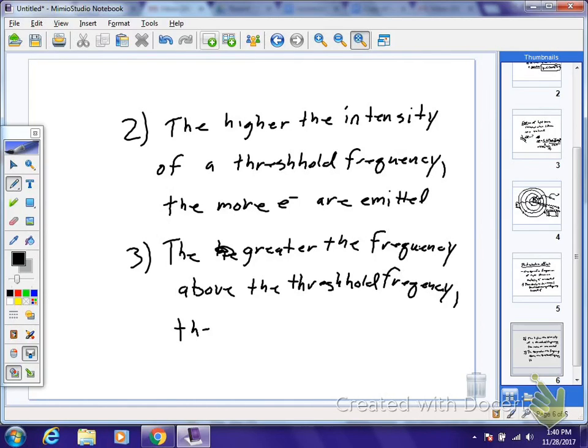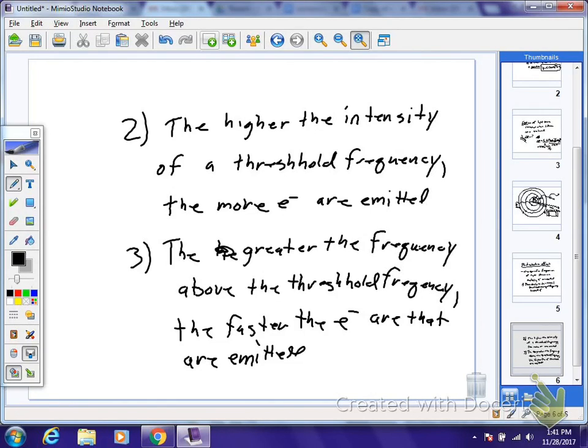the faster the electrons are that are emitted. So one, it needs so much frequency in which to emit electrons.